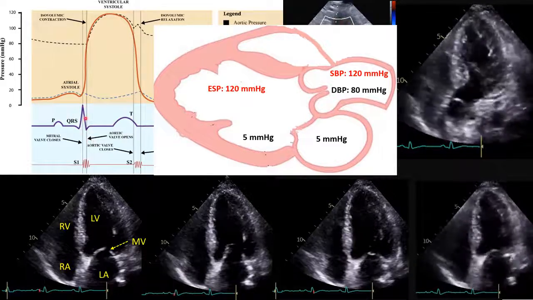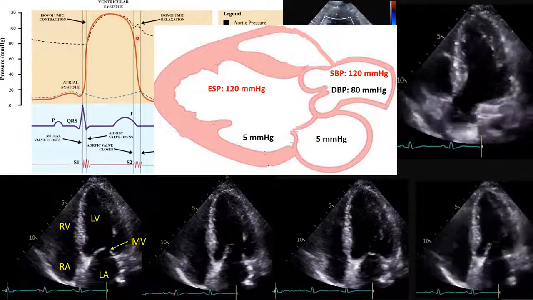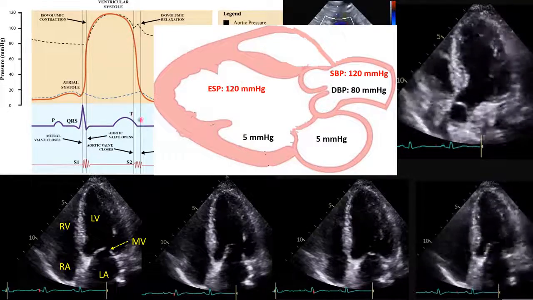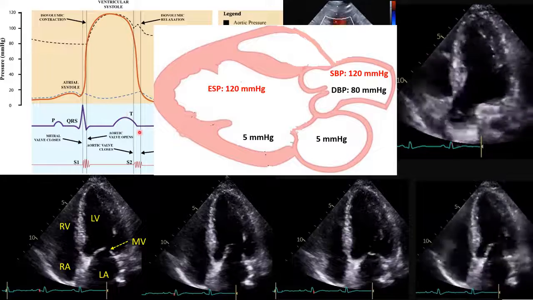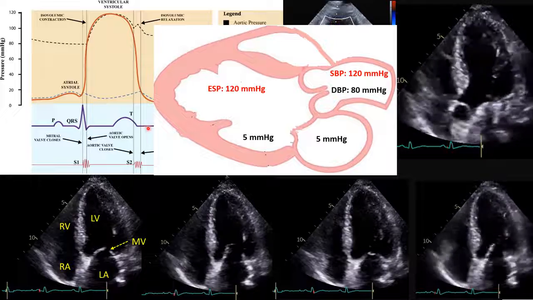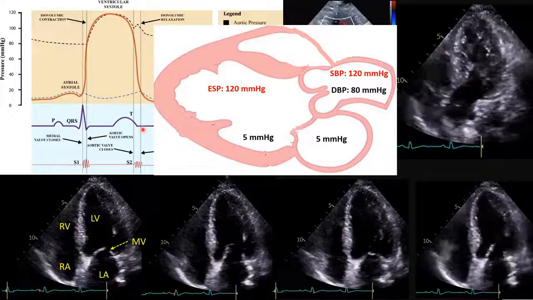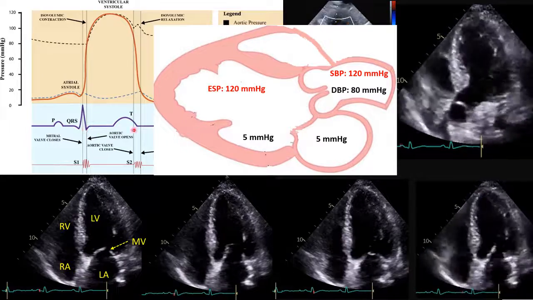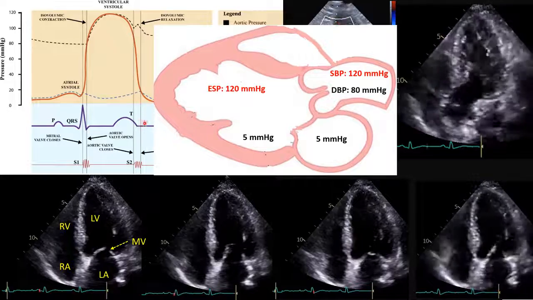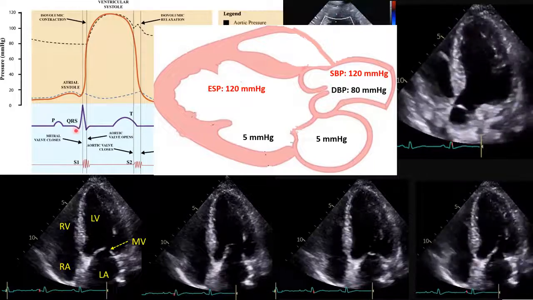Isovolumetric contraction corresponds to between the R and S point of the EKG. The isovolumetric relaxation time, or IVRT, corresponds to almost the end of the T wave and the beginning of the completely flat isoelectric line. It is almost the same, a little more than the isovolumetric contraction time, something around 40 to 60 milliseconds. But in different cardiac situations, these two times can change.